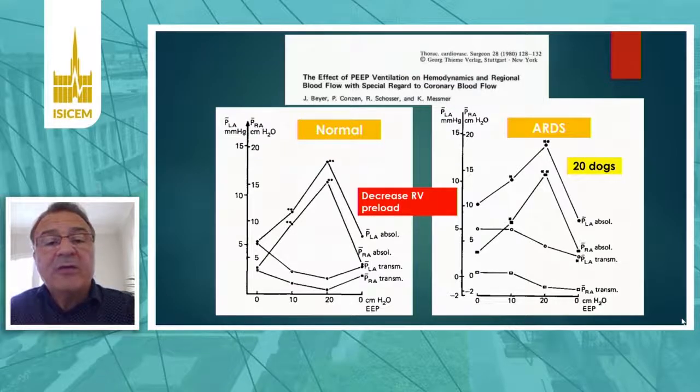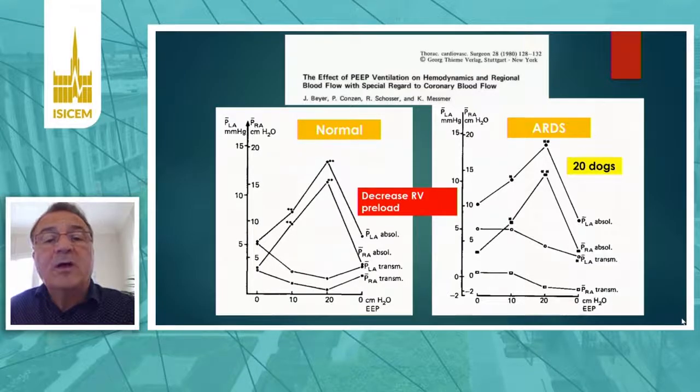So it means that during high pressure in the lung, you have a decreased venous return, and then you induce a decrease in right ventricular preload. And it is true in this study in normal dogs as well as in ARDS-induced dogs.